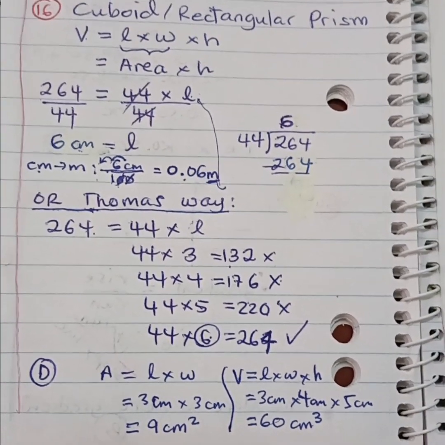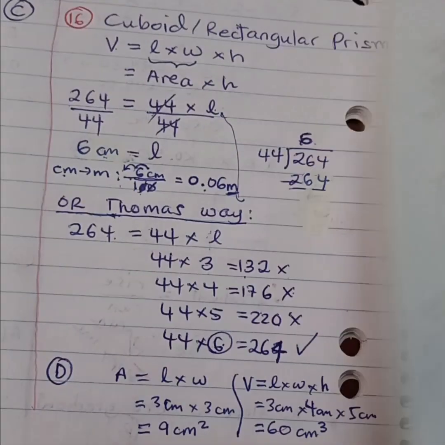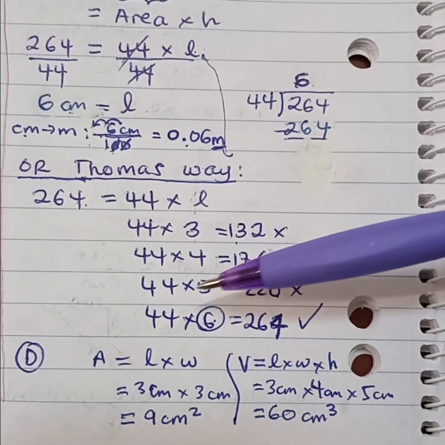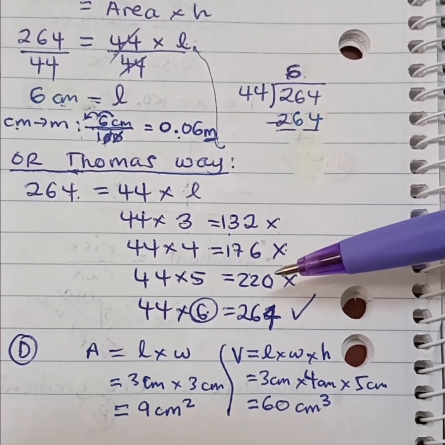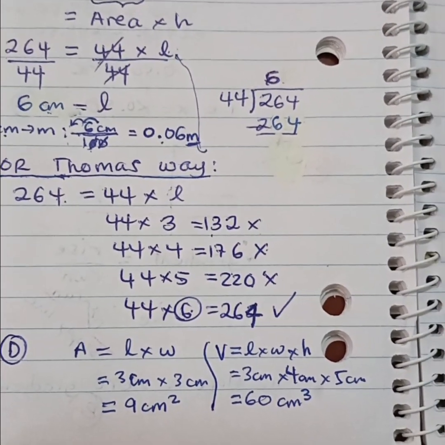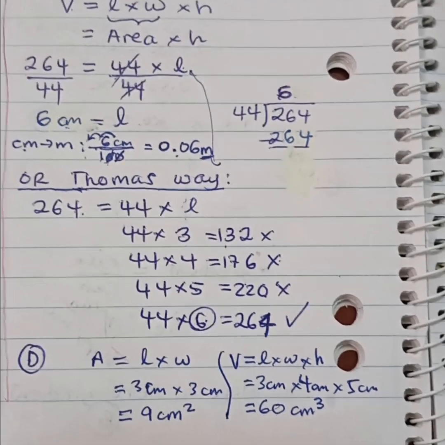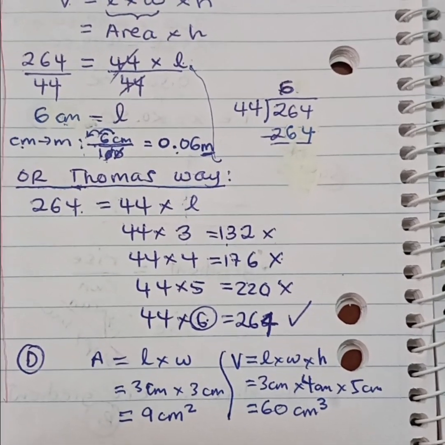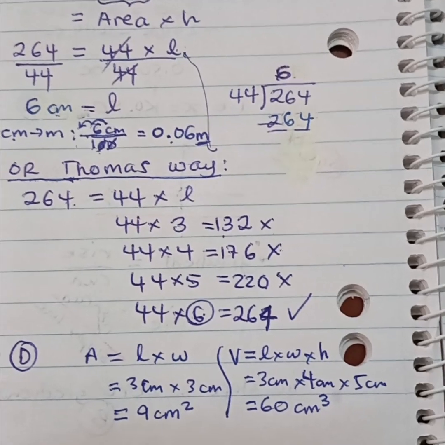That's not the answer. Next option, C, 5. So we check. 44 times 5 is 220. Doesn't work, which leaves us with the only option, which is D, 6.